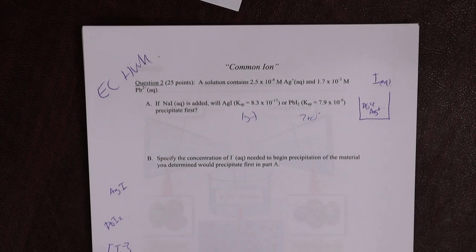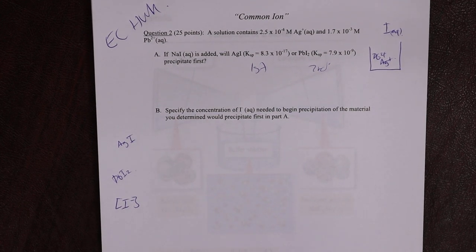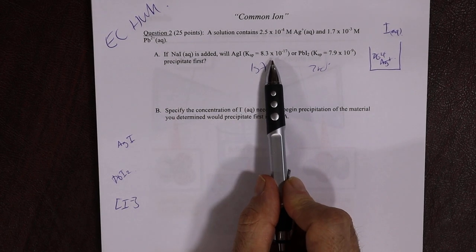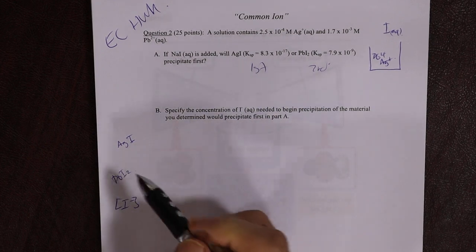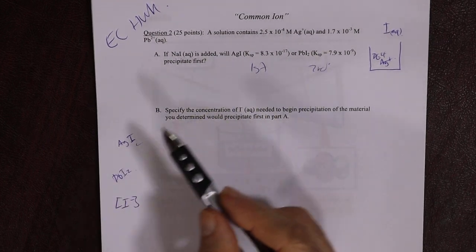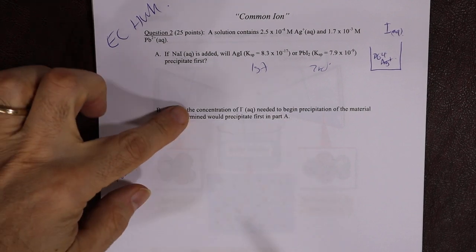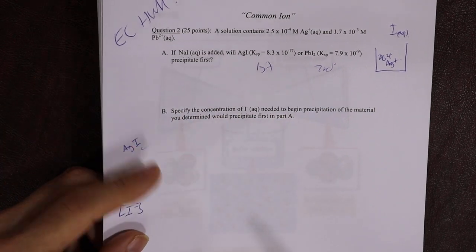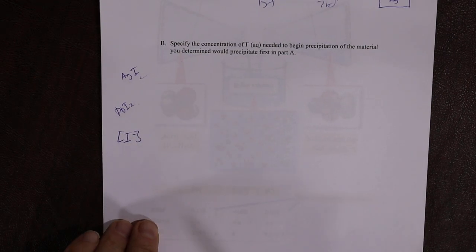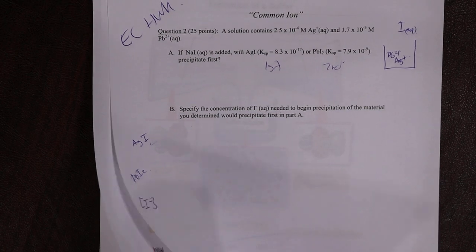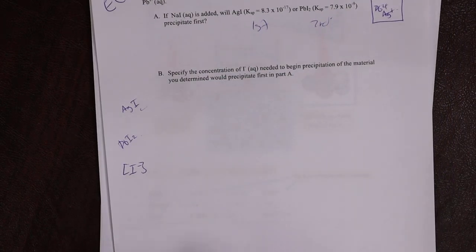Set up an ICE grid with the two different solubility product values for Ksp, and then tell me what value I- has to be for Ksp to be reached. When that happens, you get a solid. Obviously this one will happen first, since you need a lower concentration of I- to make that happen, and then this one will happen second. So work it through, take a picture with your phone, and send it to me as an email attachment. And that's the end of the packet.